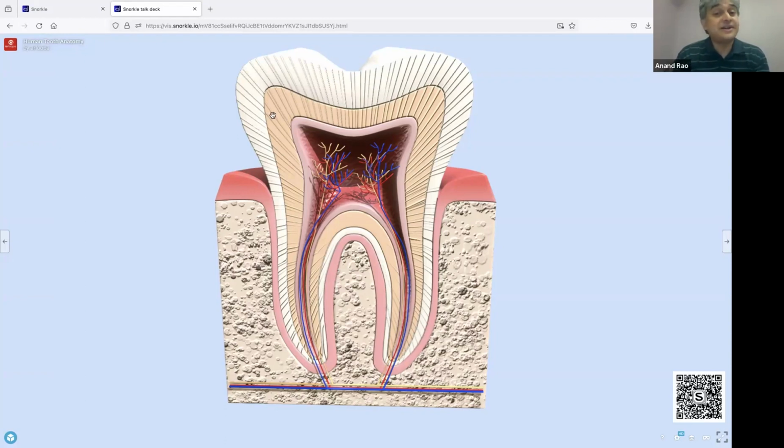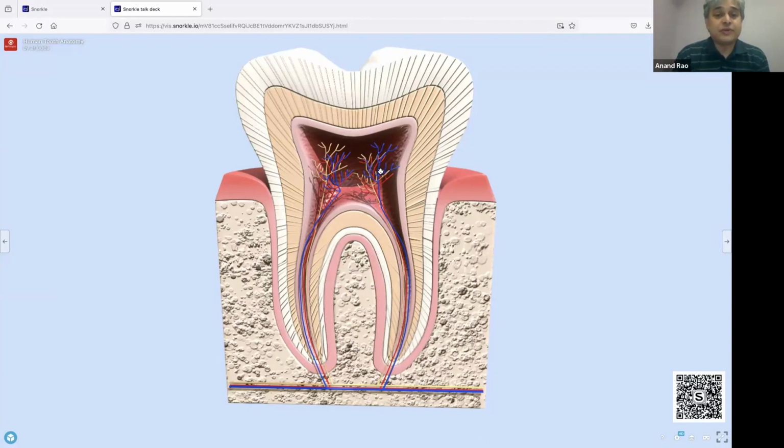The dentin kind of does. So as you work from the outside to the inside of the tooth, the feelings become much more pronounced. This layer here that I'm circling is the dental pulp.